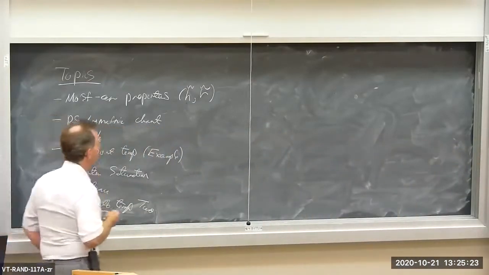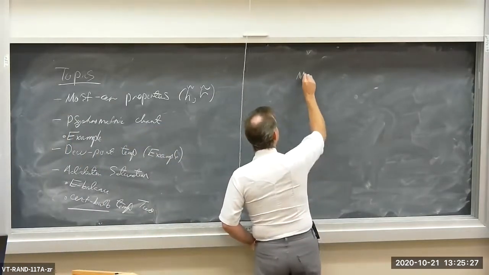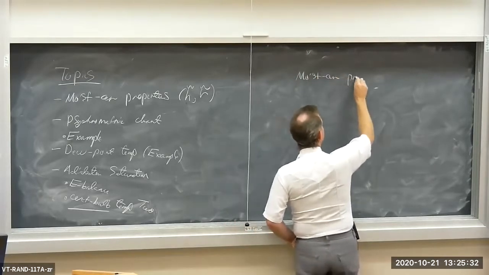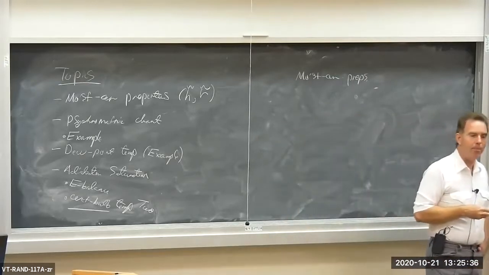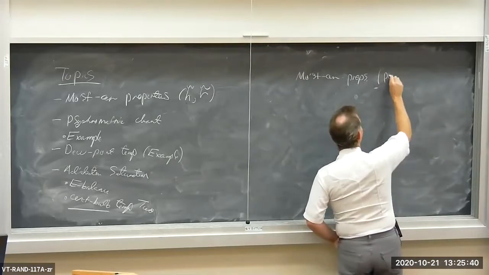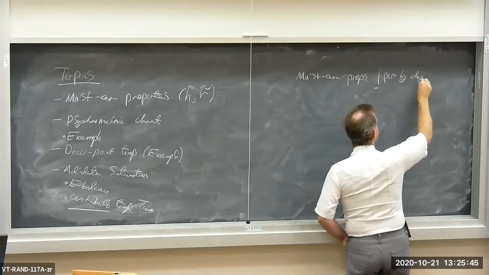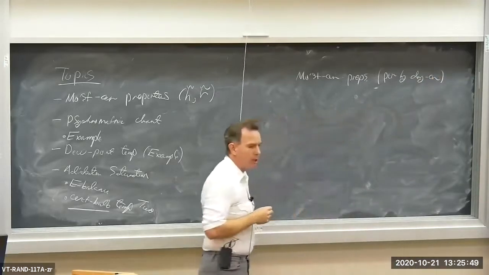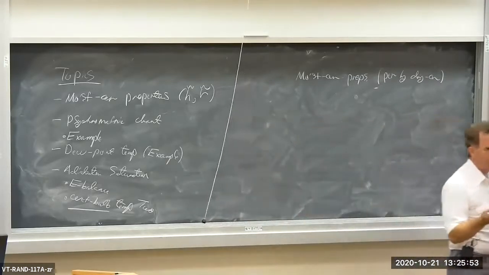Okay, so moist air properties. And the properties we're going to be looking at today are on a per kilogram of dry air basis. We're all used to the properties, specific volume, specific enthalpy, specific internal energy.